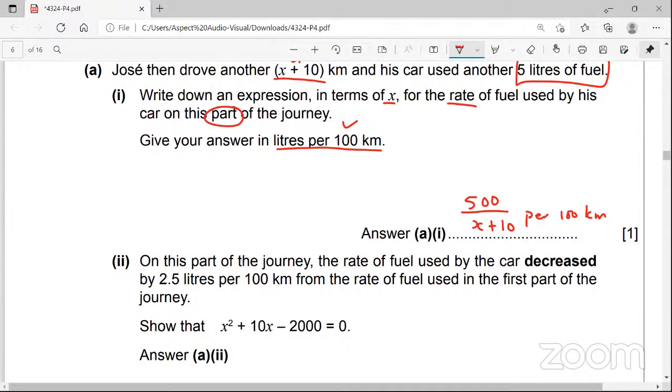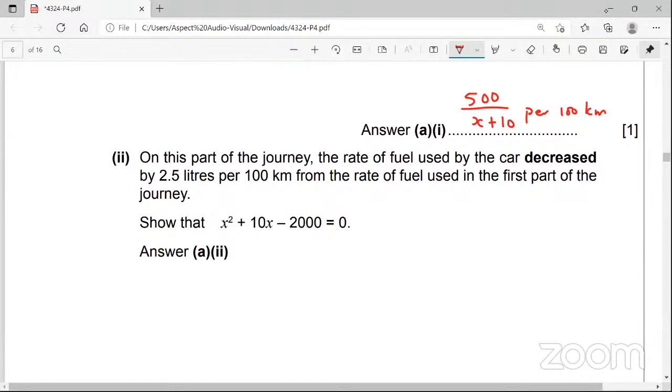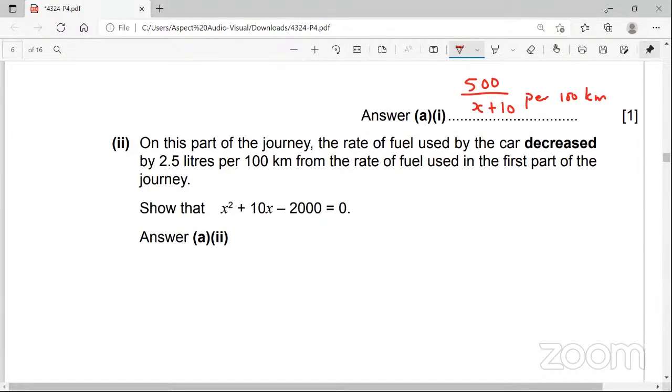Okay, that's good. Now, the second part they are saying, on this part of the journey, which part of the journey are they talking about? The part of 500 over X plus 10. Are we together? So on this part of the journey, the rate of fuel used by the car decreased by 2.5 liters per 100 kilometers from the rate of fuel used in the first part of the journey.